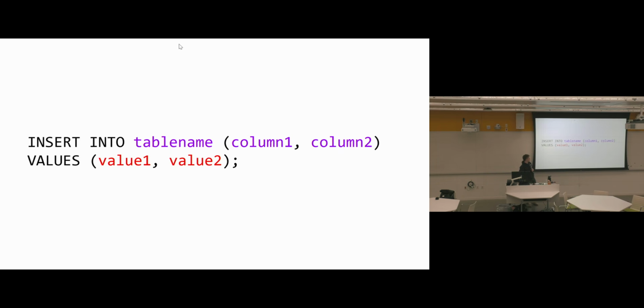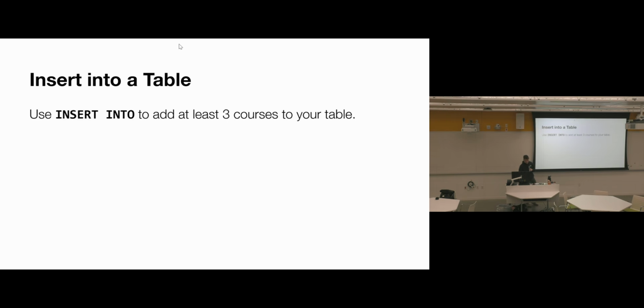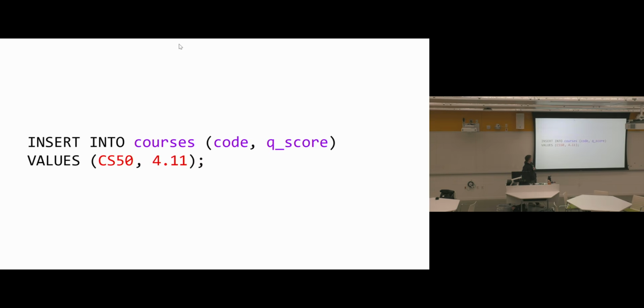So if we wanted to insert into our courses table a course ID and course name, we could set the values for it. You could use insert to add 3 courses into your table, for example. So you could insert the code CS50 and Q score 4.11 into the courses.